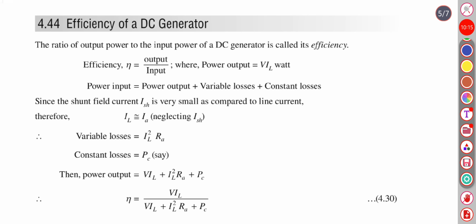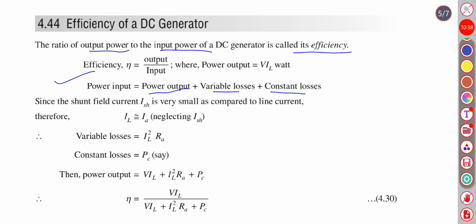Now next is the efficiency of a DC generator. The ratio of output power to input power in a DC generator is called its efficiency. Now the input power equals power output plus variable losses and constant losses.